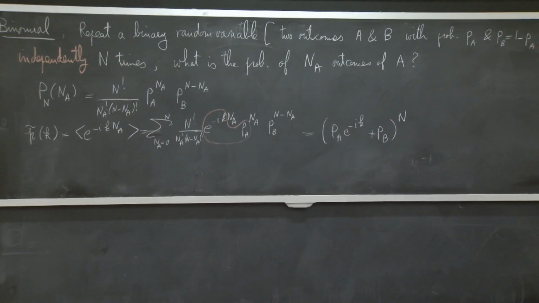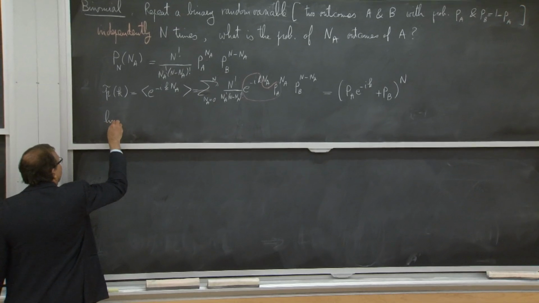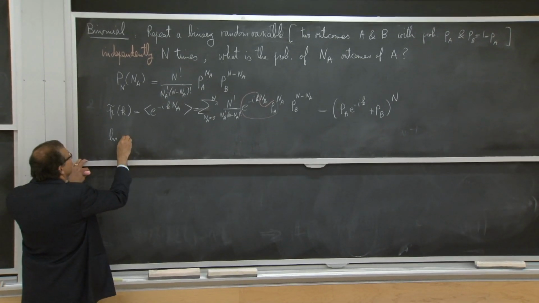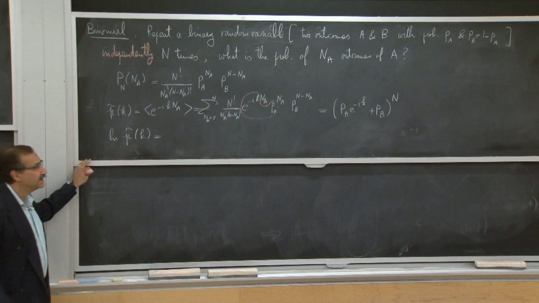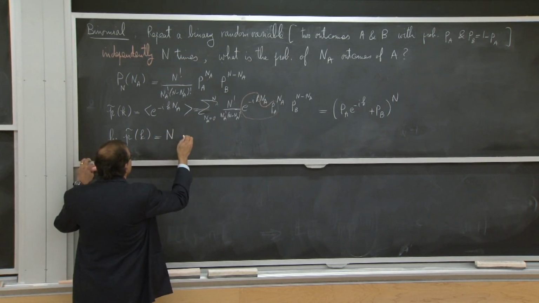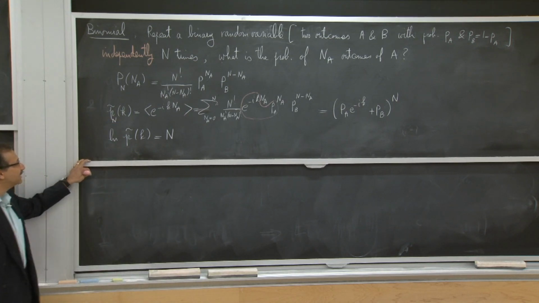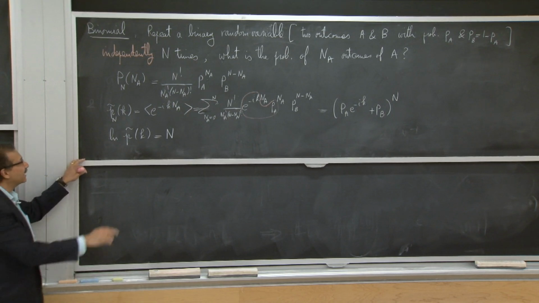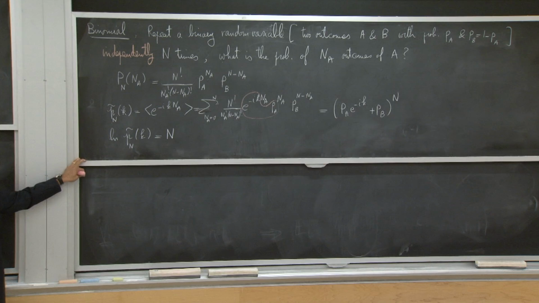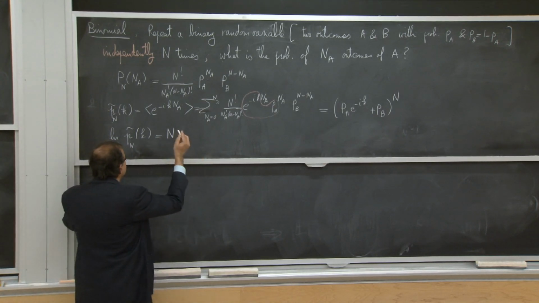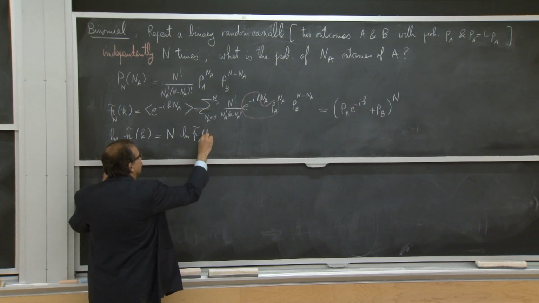At this stage, the only thing that I will note about this is that if I look at the characteristic function, I will get n times. So this is actually, let's make sure that we maintain the index n, the characteristic function appropriate to n trials. And what I get is that up to a factor of n, I will get the characteristic function that would be appropriate to one trial.